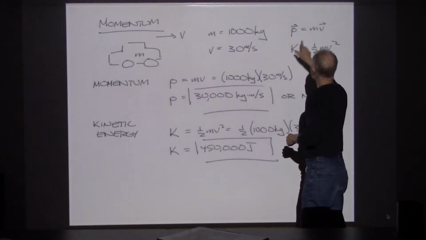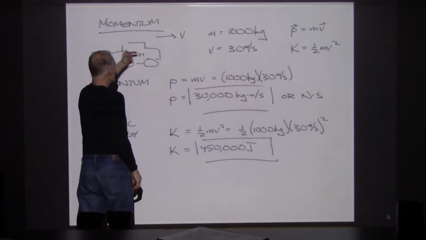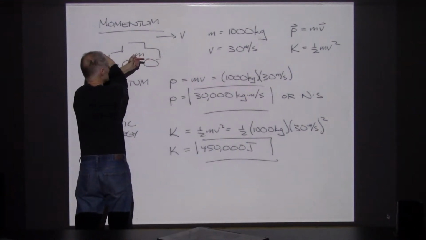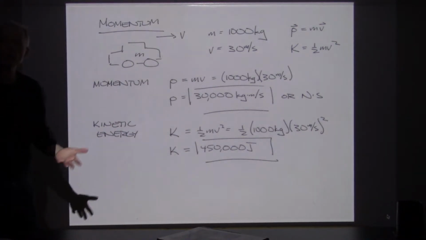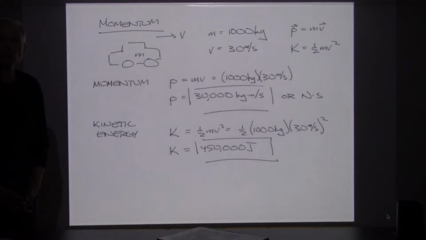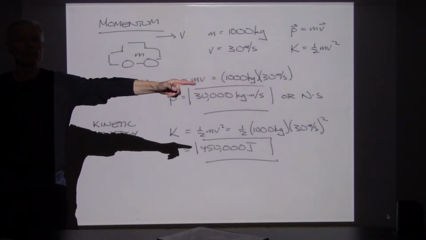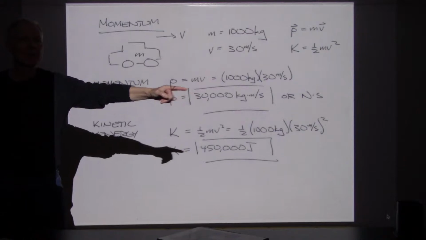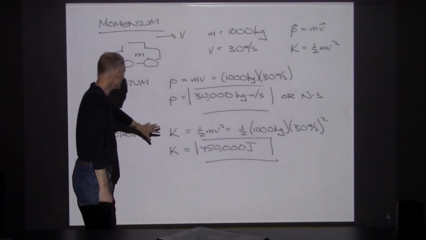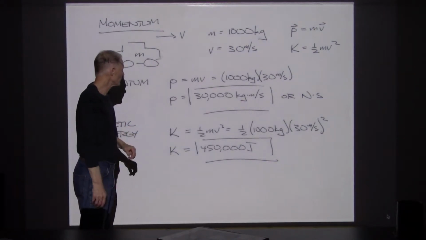Now, since momentum is a vector, if the car is going this direction versus this direction, we have to do something in the diagrams. We have to be able to keep track of directional information of the momentum. So a car going this way, and a car going this way, they don't have the same momentum. Even if they have the same v and the same m, it's not the same momentum. Now, kinetic energy is a scalar, so we don't have to keep track of the directional information.